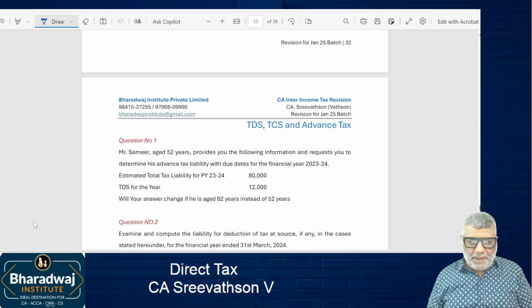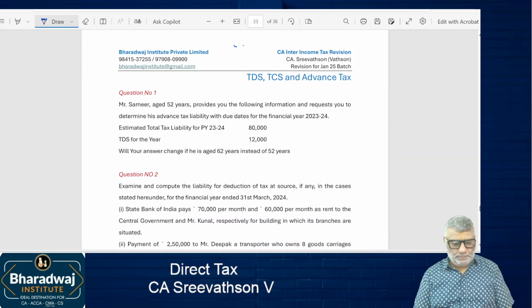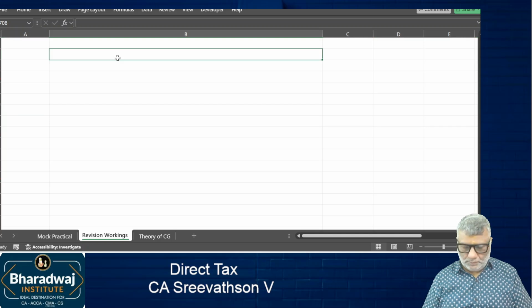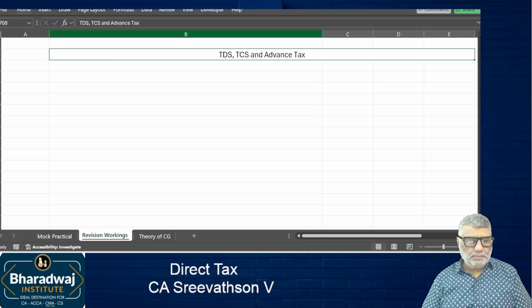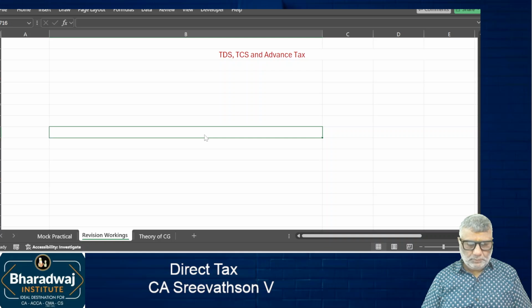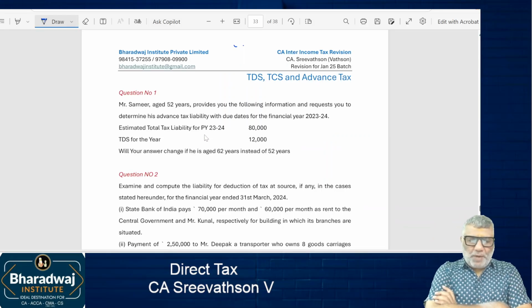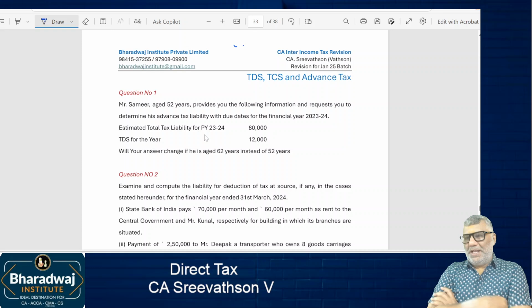I am on page number 33. Mr. Samir, aged 52 years, provides you the following information and requests you to determine his advance tax liability with the due dates.